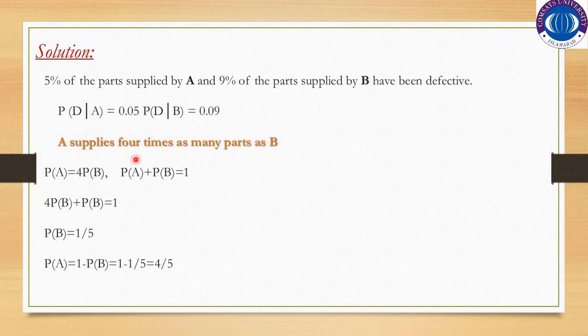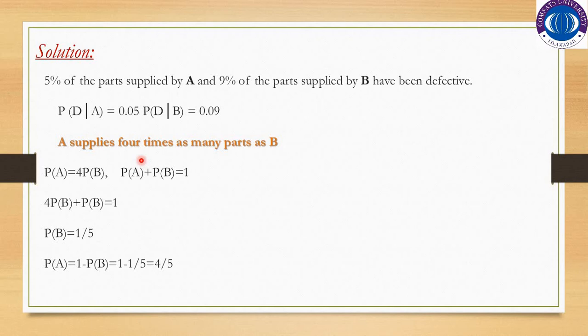As you concentrate on the statement, it is given that A supplies 4 times as many parts as B. So it means that the probability that A supplies is equal to 4 times that of B. As you have learned in the previous lectures, by the axiom of probability, the total probability is always equal to 1. If you sum all possible events, the probability should be 1 and the events should be mutually exclusive.